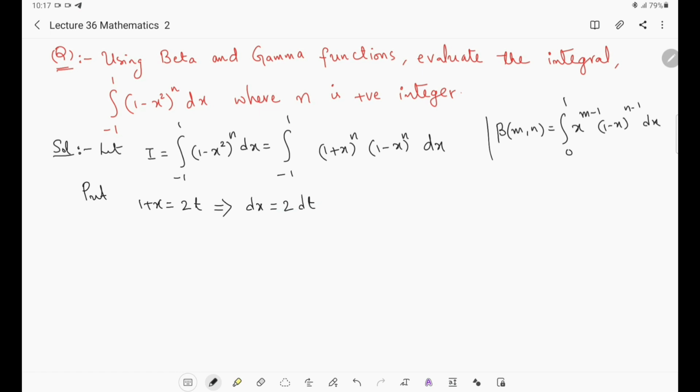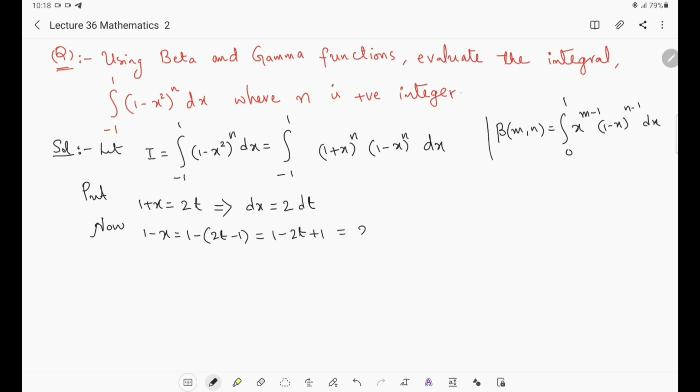Then what will happen with limits? Or else I have computed this term, 1 plus x is 2t. Now I need 1 minus x also. Now from this substitution, what will happen with 1 minus x? Let us compute that, which is equal to 1 minus, what is x? x is, from this relation, 2t minus 1. You take this 1 to this side. So 2t minus 1, which is equal to 1 minus 2t, and this minus will become plus 1.